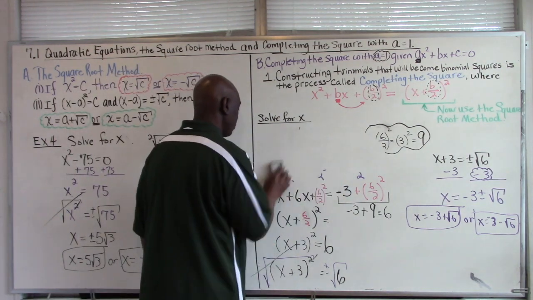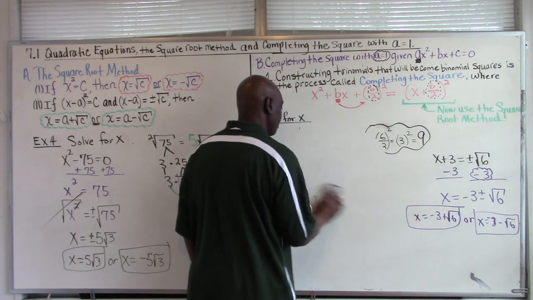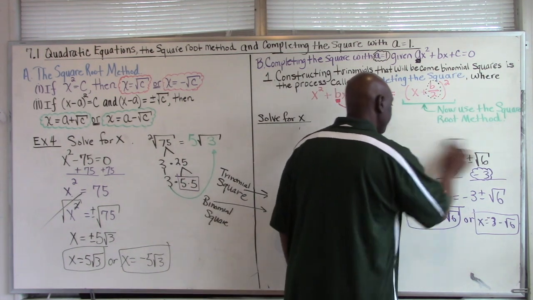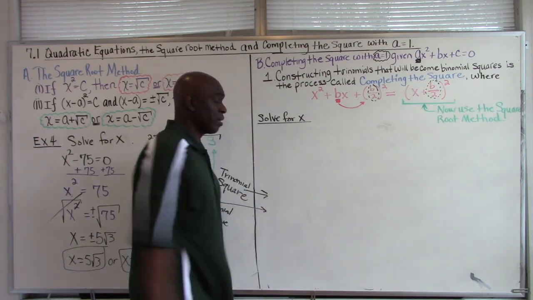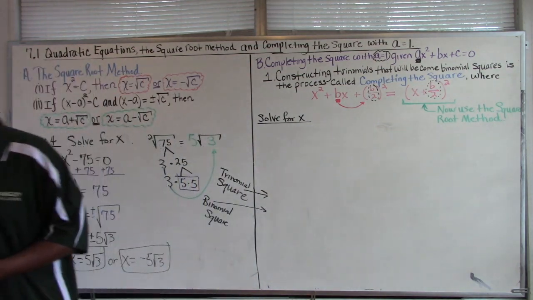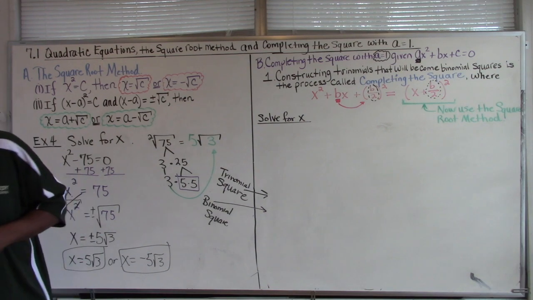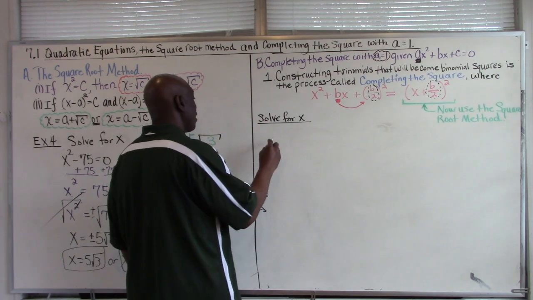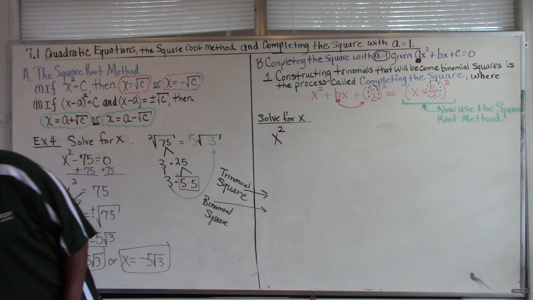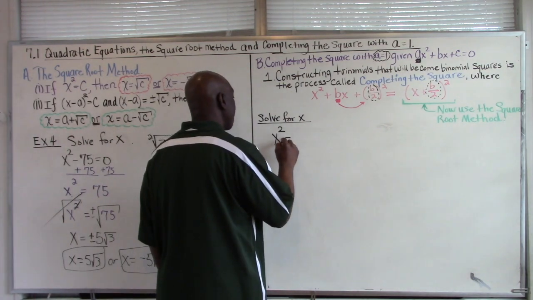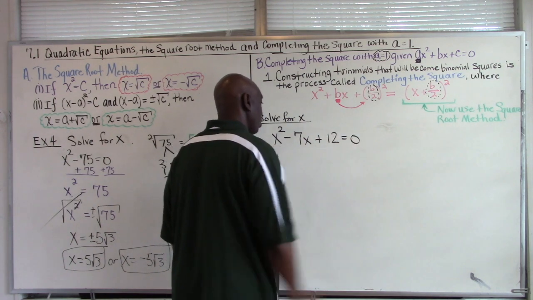This is our third example. Example 3. Let's say we have x squared minus 7x plus 12 equals 0.